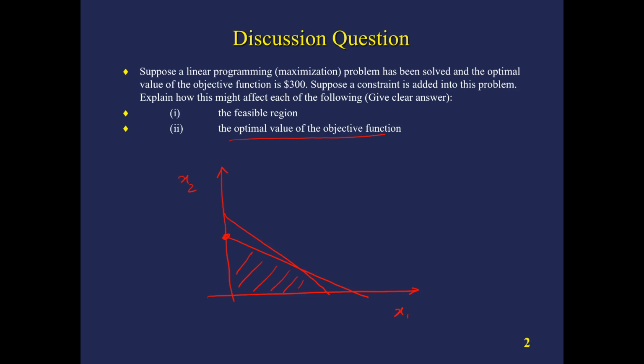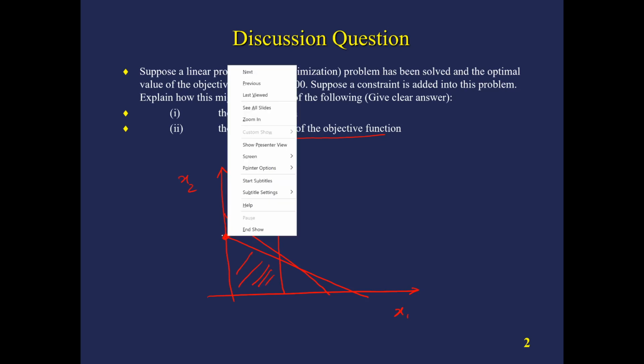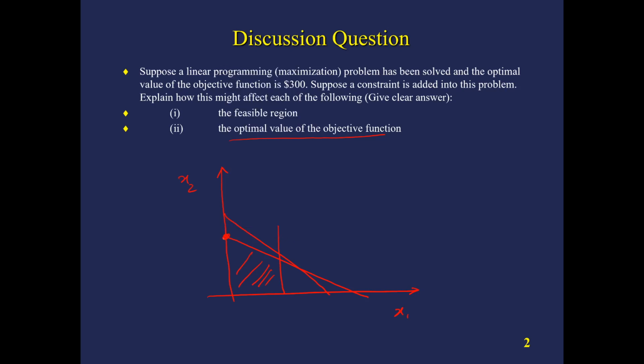If we add a constraint, let's say here, and the feasible region is now this one, then the optimal point is still the same. It will stay the same. So our objective function, which was $300, after adding the constraint will be the same.